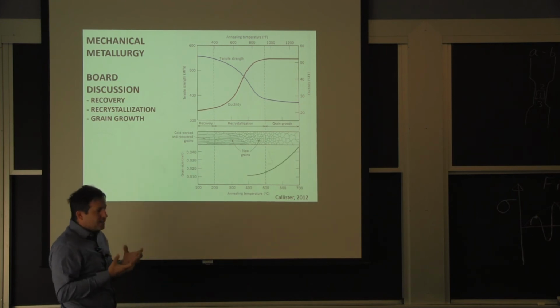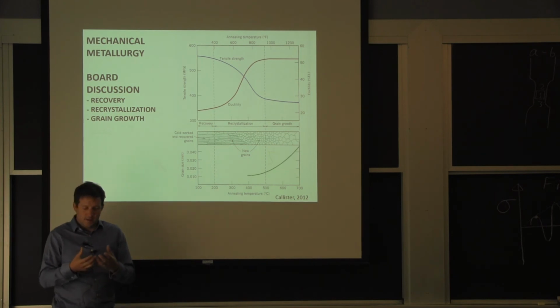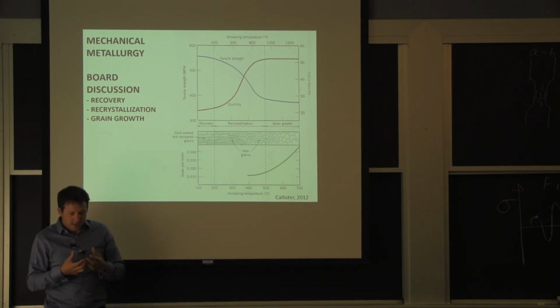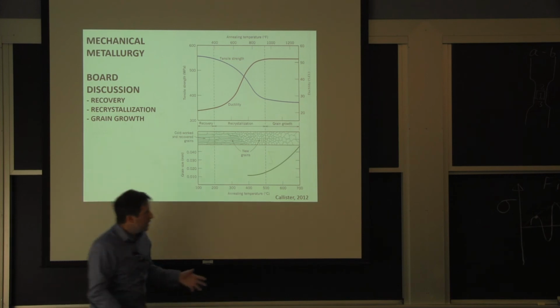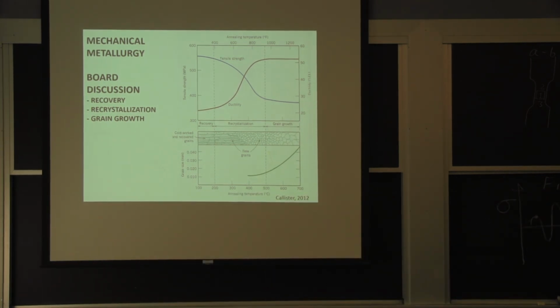The grains that are there have so many dislocations in them that the first thing that's going to happen is, of course, you're going to have some of that recovery process. So two dislocations of opposite Burgers vector, different direction, will combine to make nothing, to essentially reduce the internal energy in your structure. That's the driving force.